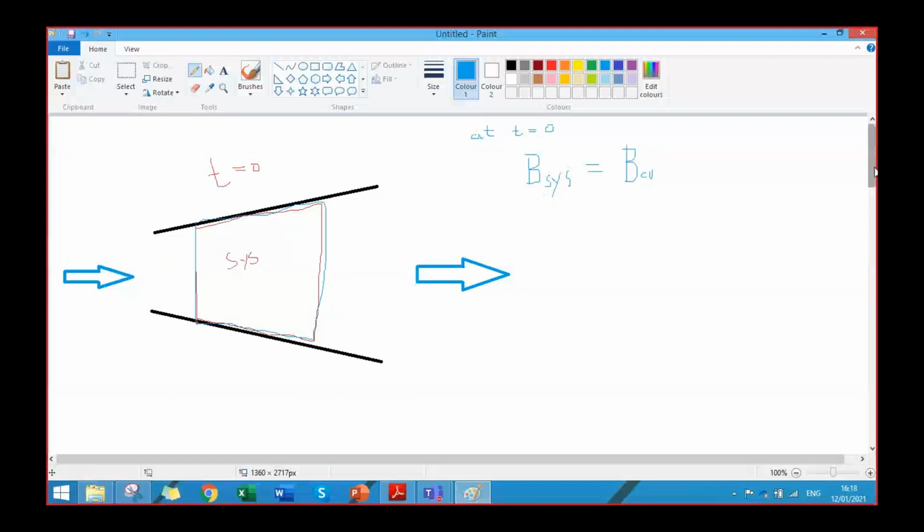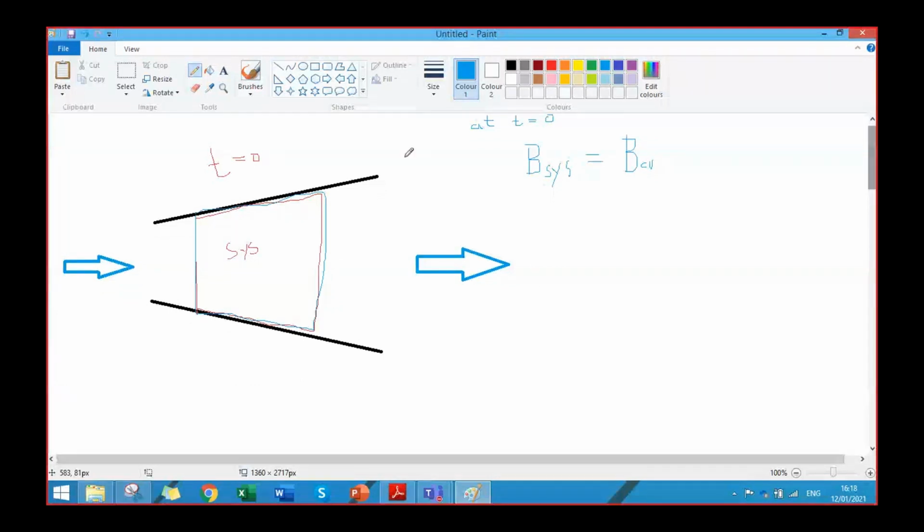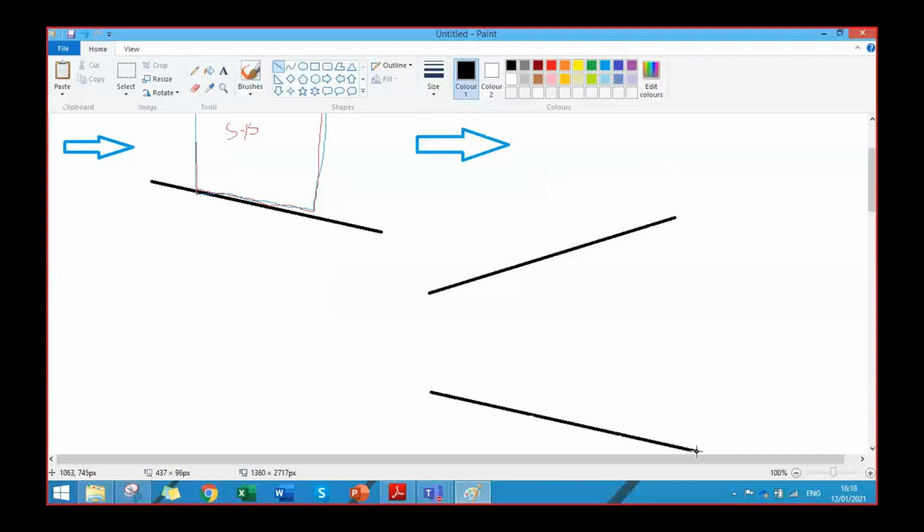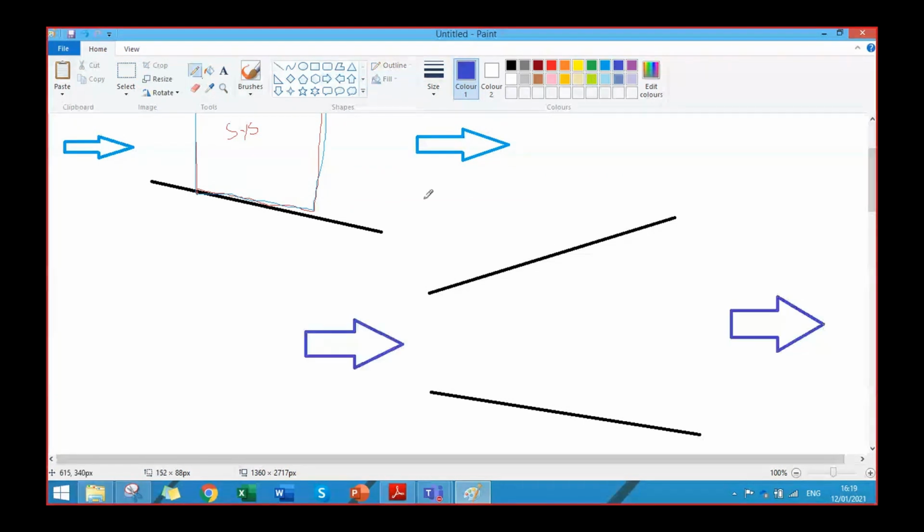Now what happens after some time t plus delta t? We have again the same configuration, because the system is talking about a fixed mass, right? So there will be inflow from here, there will be outflow from here. But now, after time t plus delta t, what will happen?